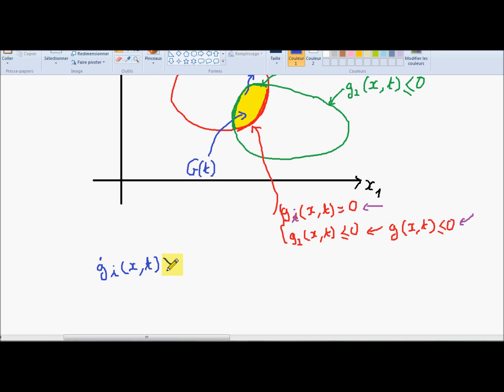Since this is equal to the derivative with respect to x multiplied by f of x, I have an analytical expression for this. So I should first satisfy the go from inside to outside, but on this part of the frontier, then I will obtain what is written here.